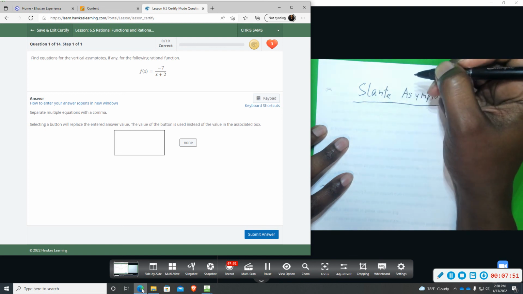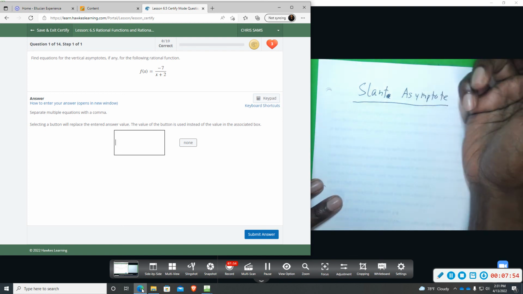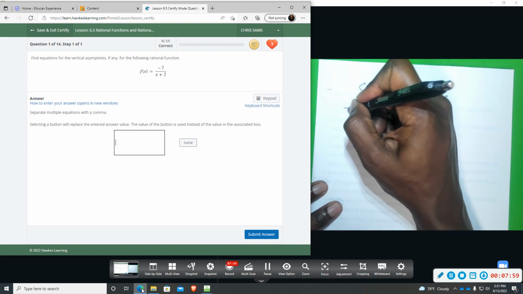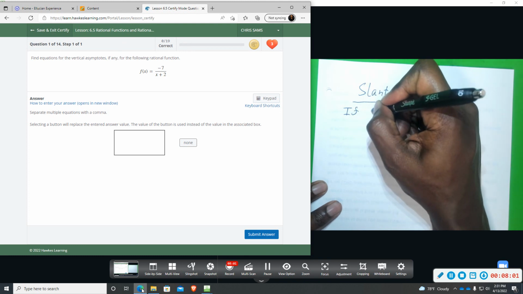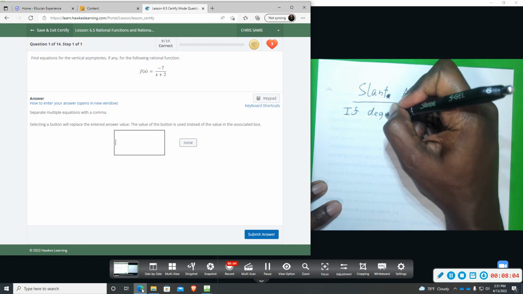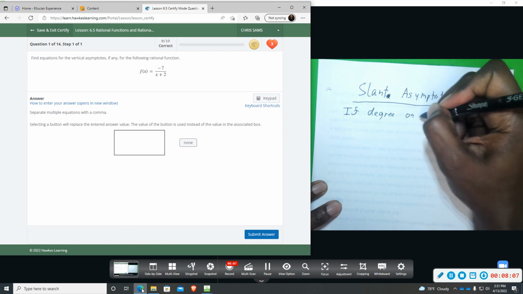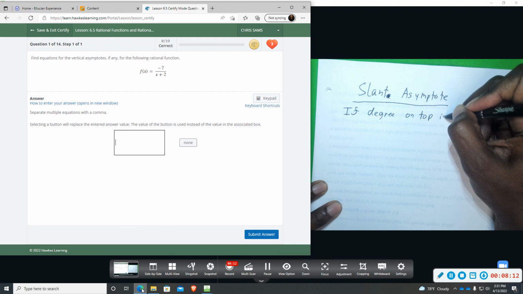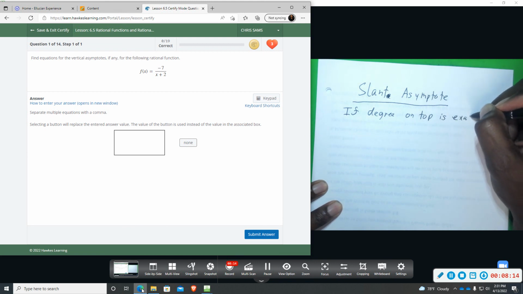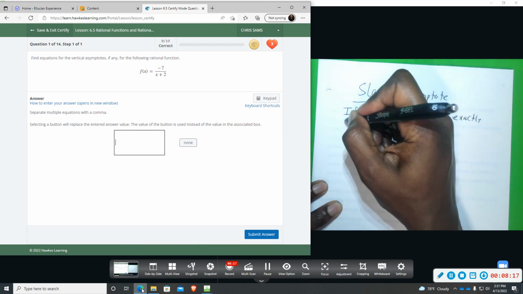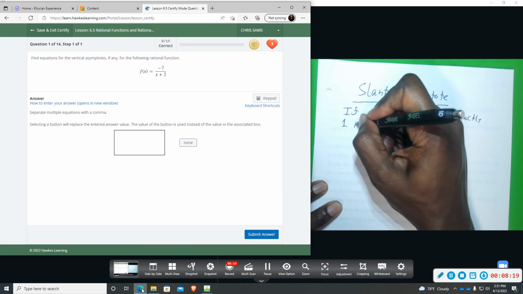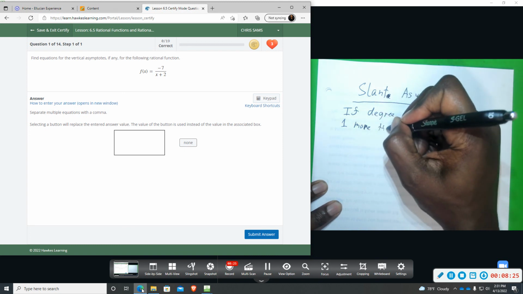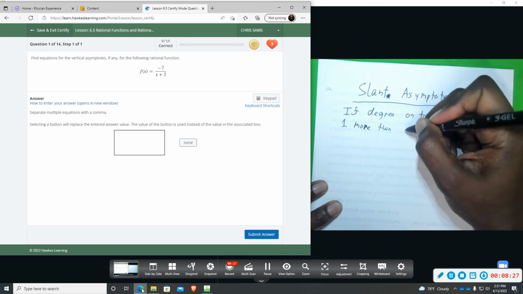We need an E on that slant asymptote. So this one, if the degree on top is exactly 1 more than the degree on bottom.